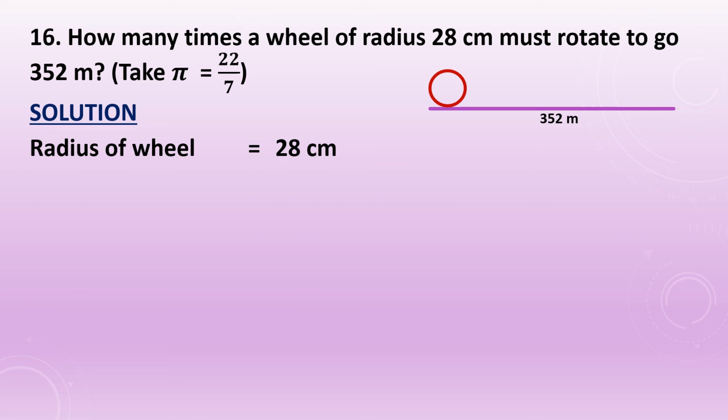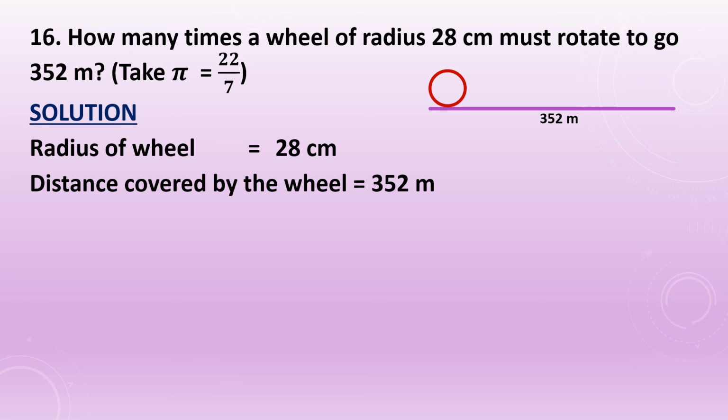Radius of wheel is given as 28 centimeter. Now circumference of wheel means 2 pi r. And the distance covered by the wheel equal to 352 meter. That is the total distance covered by the wheel. For that, how many times the wheel must rotate?